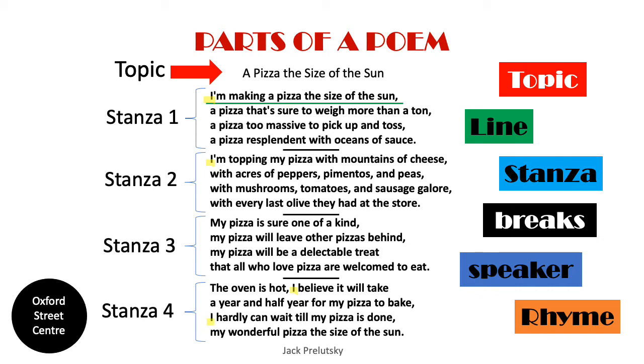So, we understand that I is the person who's talking in this poem, saying some cool stuff like, I'm making a pizza the size of the sun. I'm topping my pizza with mountains of cheese. Or I believe it will take 1.5 years for my pizza to bake. I hardly can wait till my pizza is done.